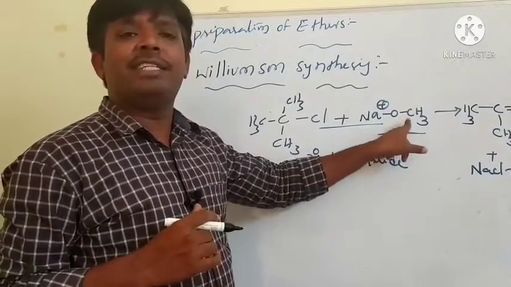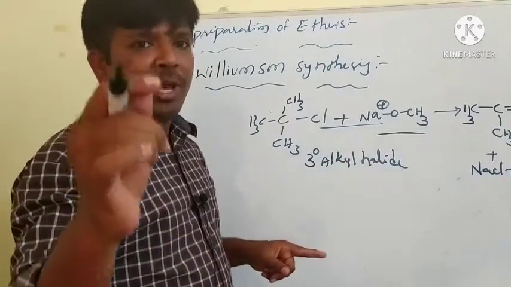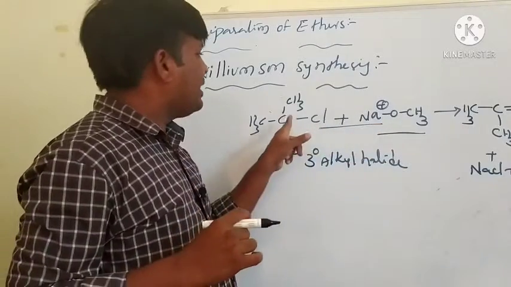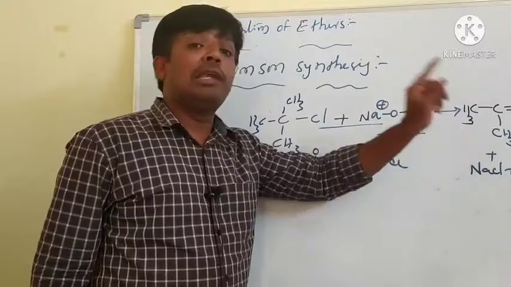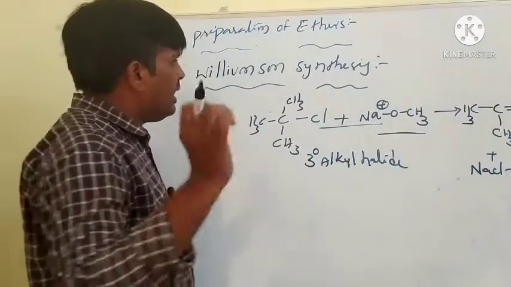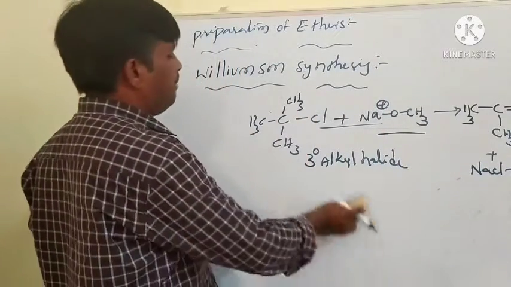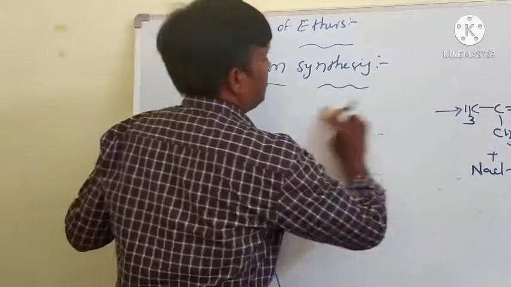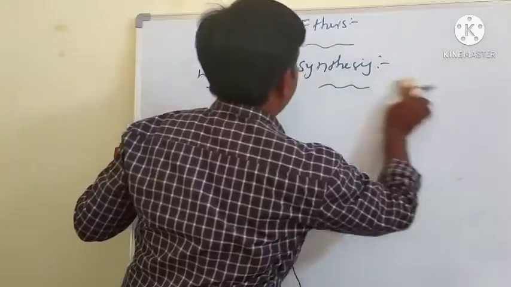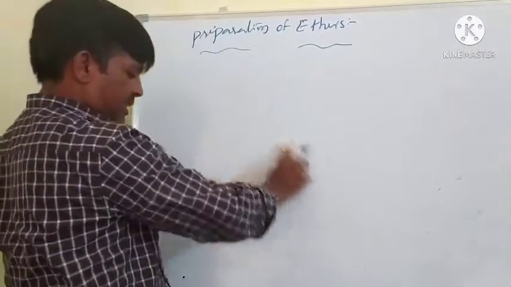That's why it easily abstracts hydrogen from any one of the methyl groups, and formation of alkenes takes place. Okay, then we go for another reaction. This is a very important observation in the case of Williamson synthesis.